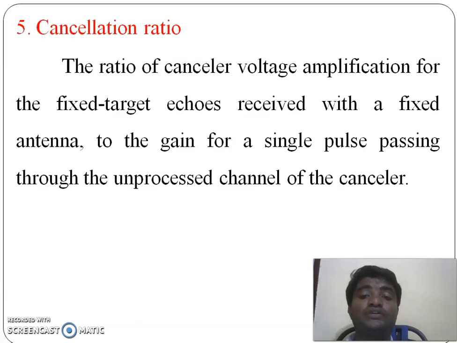The ratio of canceller voltage amplification for fixed target echoes received with a fixed antenna to the gain for the single pulse passing through the unprocessed channel of the canceller. It is the cancellation ratio. These five parameters will indicate the performance of the radar.